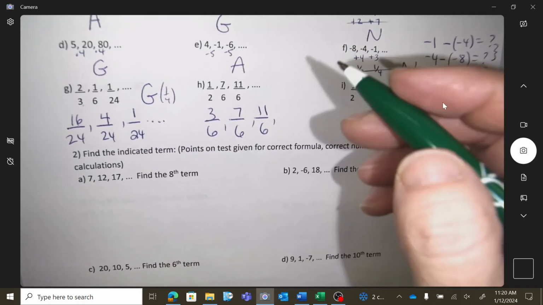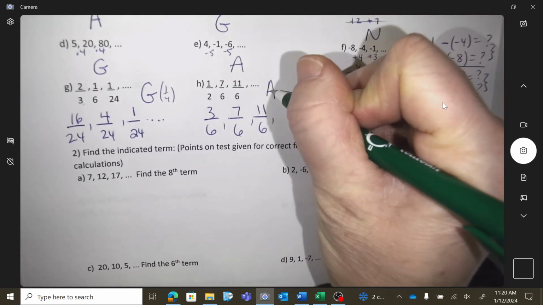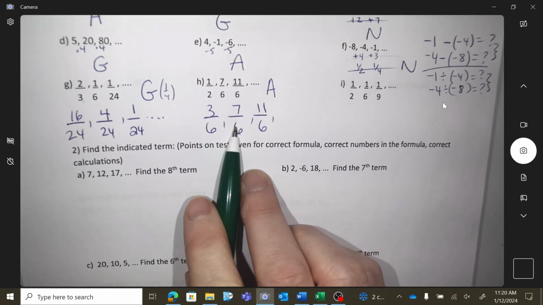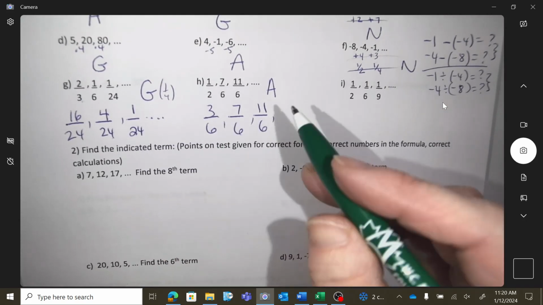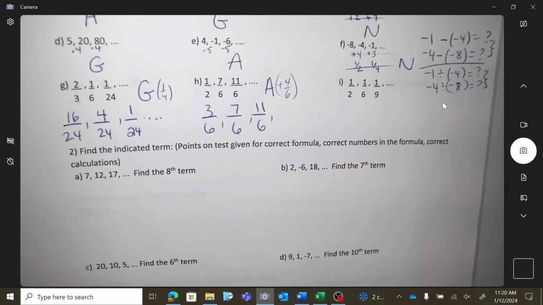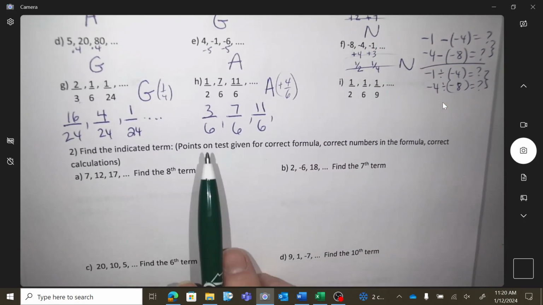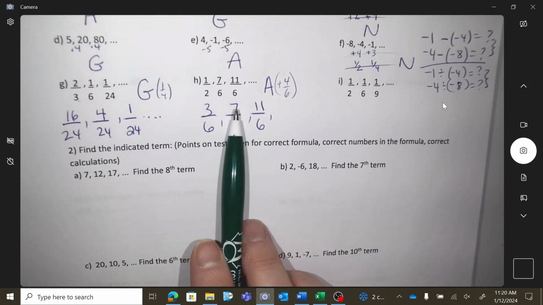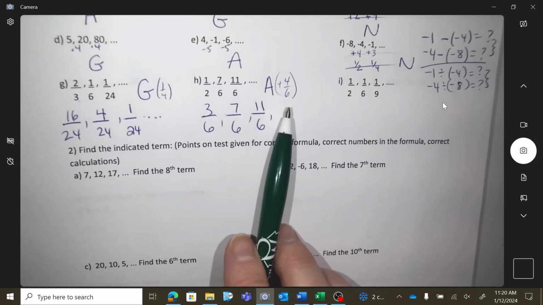What am I going up by? I think arithmetic, right? It's going up by 4, 6. You're adding 4, 6 every time. 3 plus 4 is 7, plus 4 is 11, up by 4, 6.